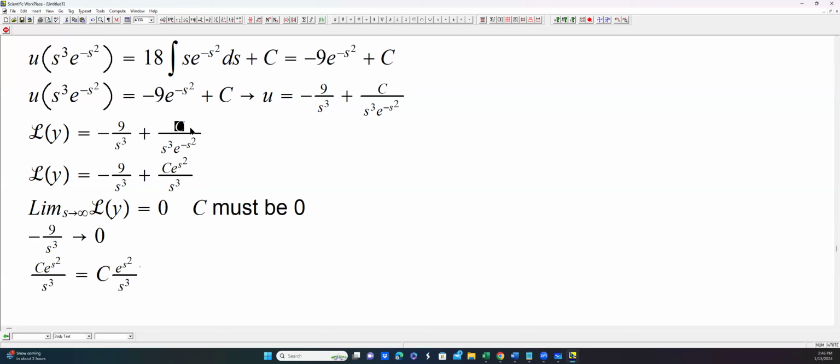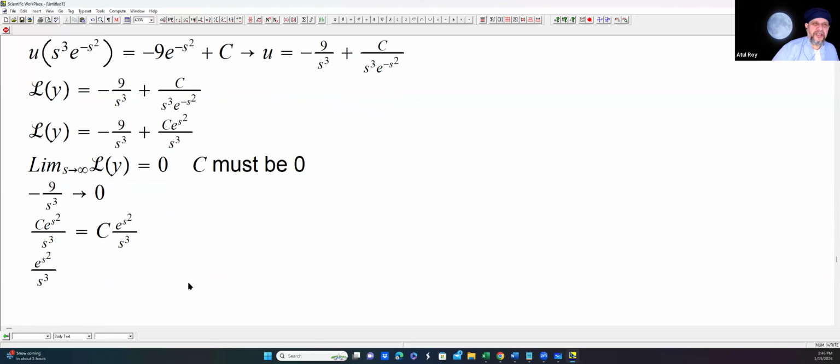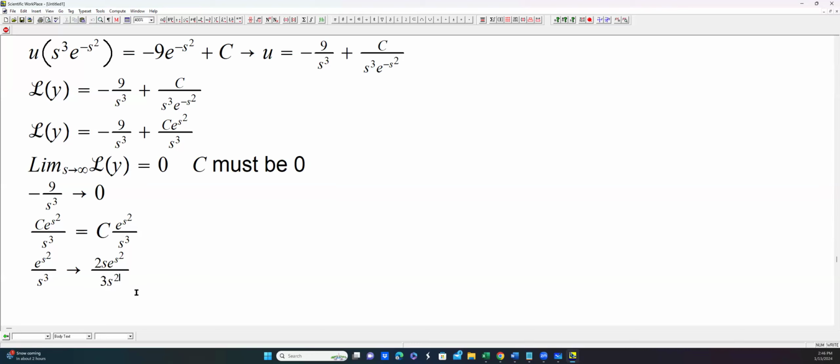But Professor, even if c is any other number, it won't matter. It will matter, because if it's a non-zero number, then as s goes to infinity, see this here? Let's use L'Hopital repeatedly. I'm writing like 2s over here, I have 3s squared, right? Again I have to use L'Hopital.